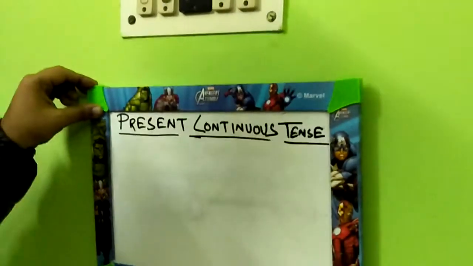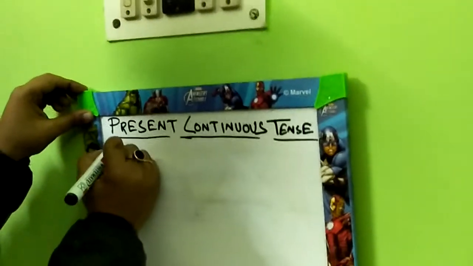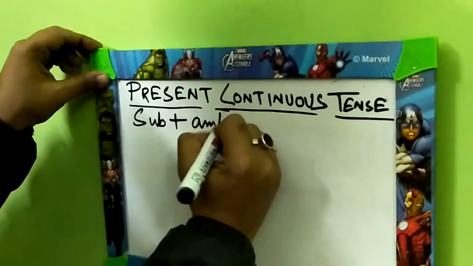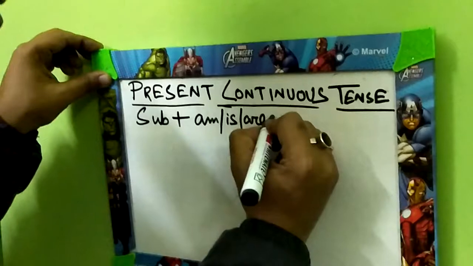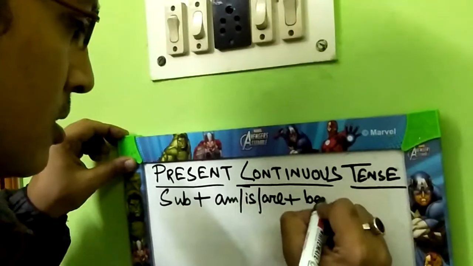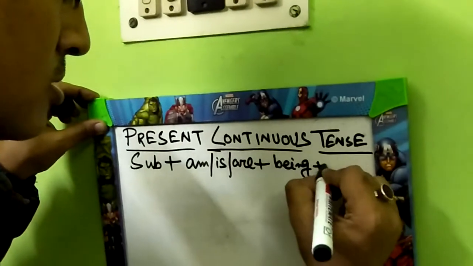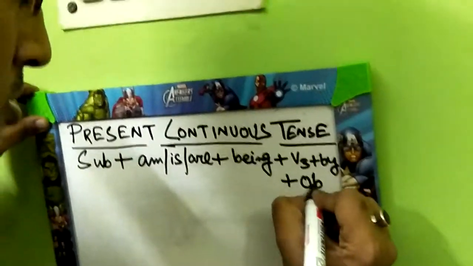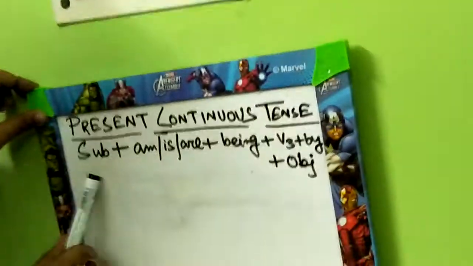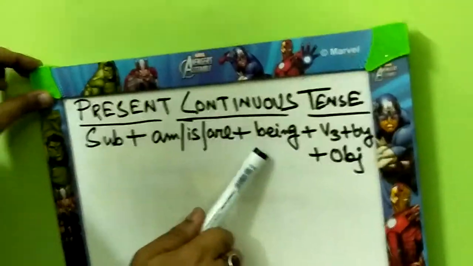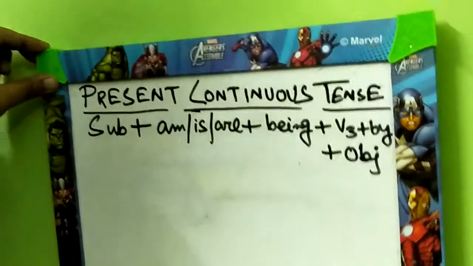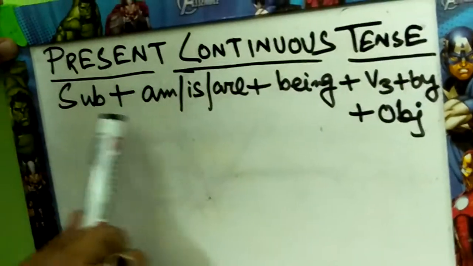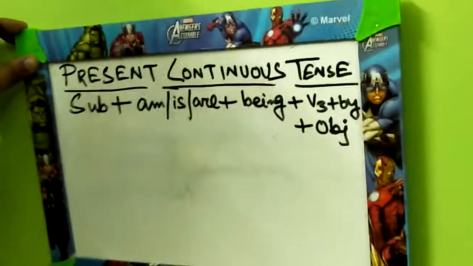Now, let's learn the formula. Subject plus am/is/are plus being plus V3 plus by plus object. Now, if the sentence is in present continuous tense, then this is the formula which we use to change the sentence from active to passive.